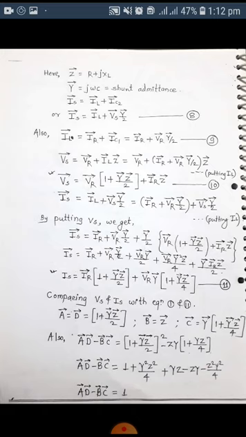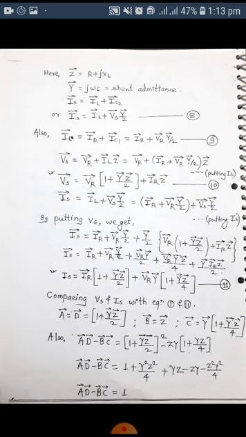Now by comparing equation number 10 and 11 with equation 1, we get the ABCD parameters for the line. By comparing those equations, we have A equal to D equal to 1 plus YZ divided by 2, whereas B equal to Z and C equal to Y inside the bracket 1 plus YZ divided by 4.